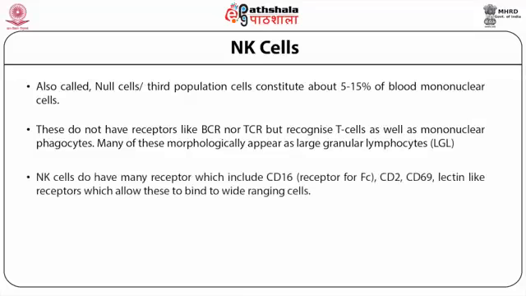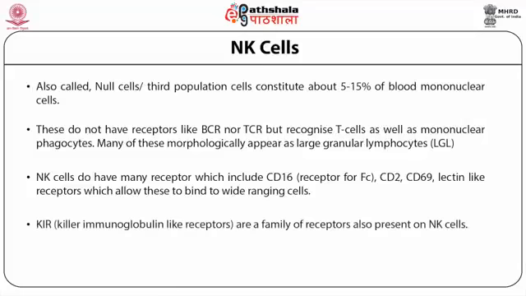NK cells do have many receptors which include CD16, which is a receptor for Fc fragment. They also have receptors like CD2, CD69 and lectin-like receptors which allow these cells to bind to wide-ranging cells.